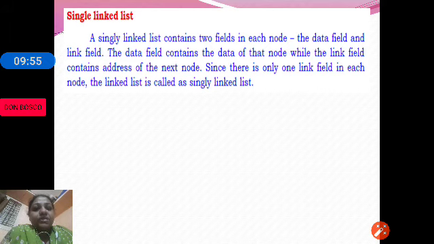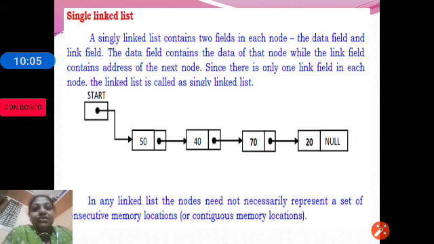Let us see what is single linked list or singly linked list. In a single linked list, each node has two parts, the data part and the link part. The data part stores the necessary data required, and the link stores the address of the next node in the list.